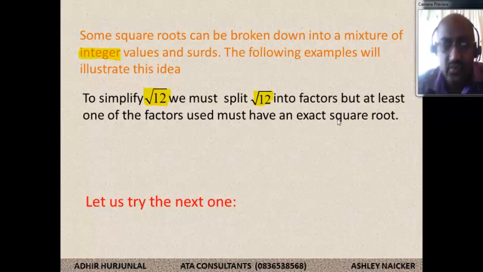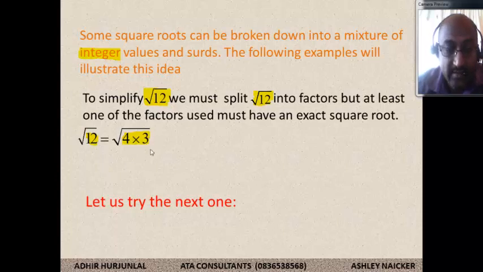It must have an exact square root, meaning I must use the numbers 4 because I can get the square root of 4, 9 I can get the square root of 9, 16 I can get the square root of 16, but I need to ensure that my factors give me 12, or basically I find the factors of 12. In this example, the square root of 12 is equal to the square root of 4 times 3. You will notice the 4 times 3 is the same as the 12.